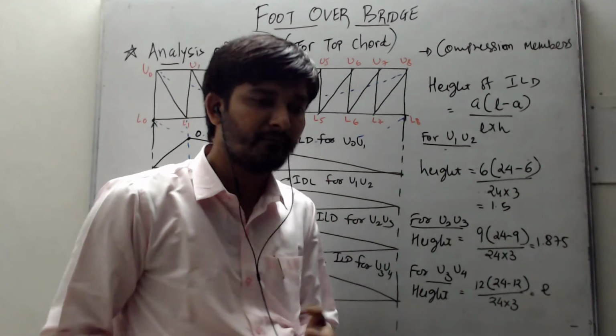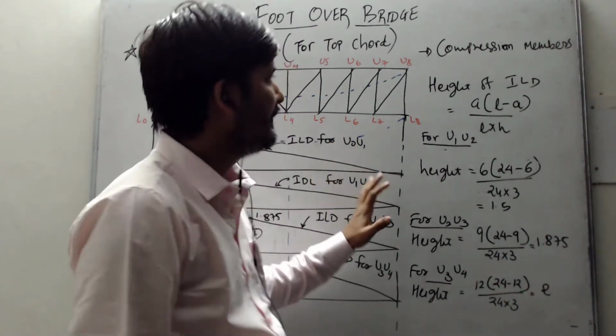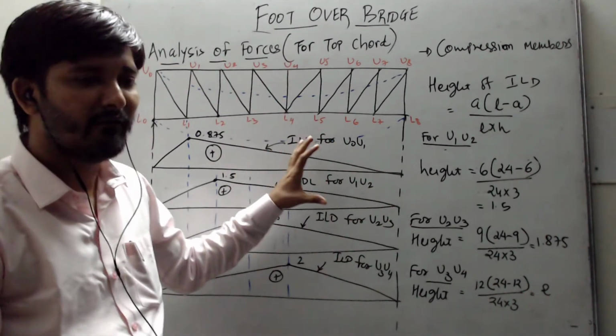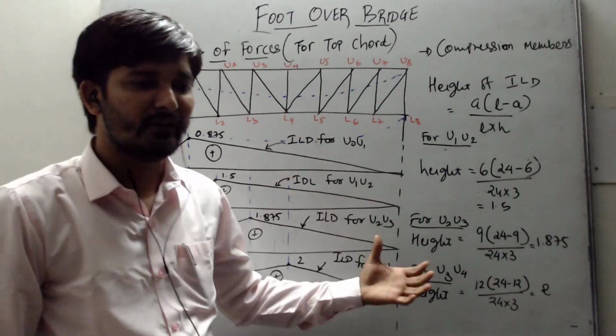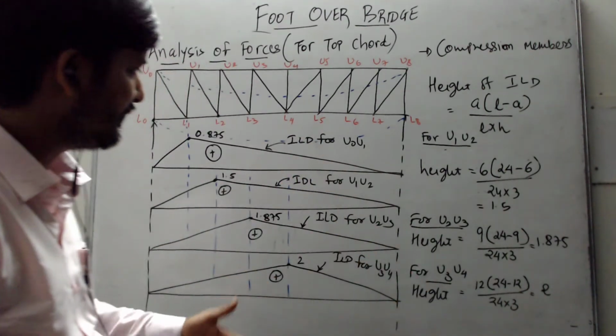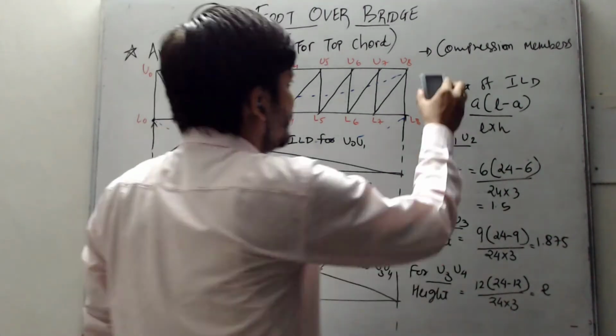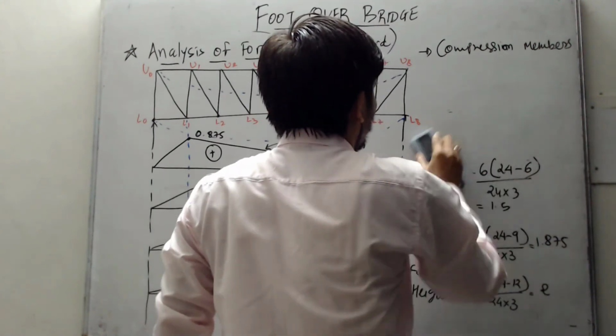After drawing the influence line diagram, we need to find out the forces in these members, right? So let us see how to find out the forces in these members. Forces in the member will be equal to the area of the influence line diagram multiplied by the total UDL. So let's find out the forces.